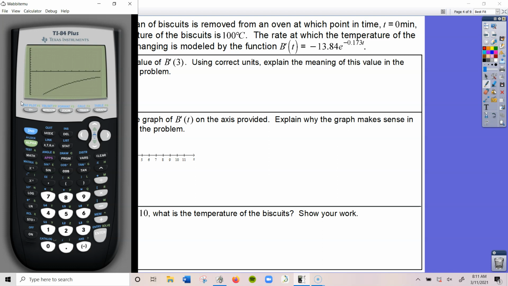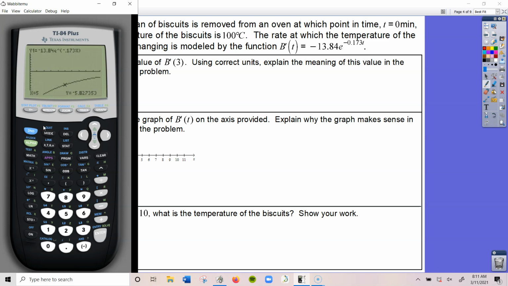Now you can see that the graph is increasing, and the graph is negative because this is the derivative. So that means that the temperature of the biscuits is going to be decreasing. So let's go ahead and get the actual value that we're looking for. We need the derivative, so I'm going to go to option 6.